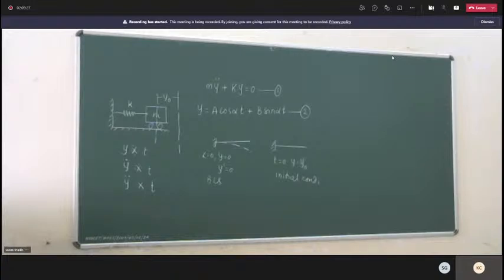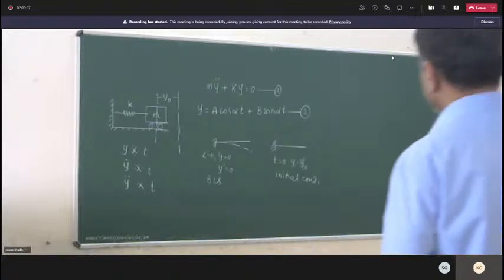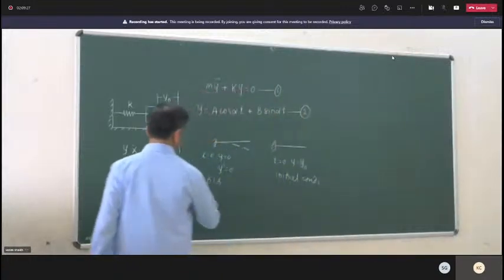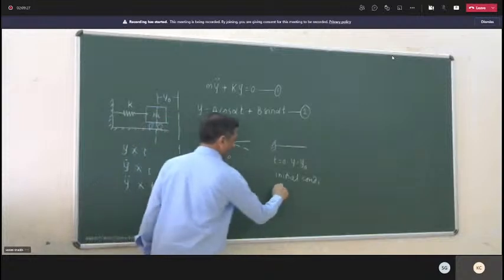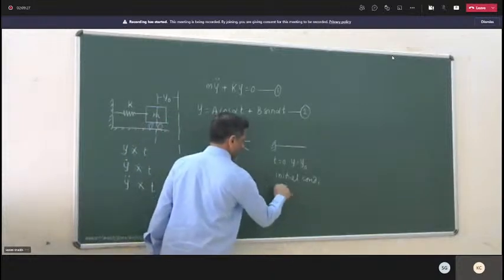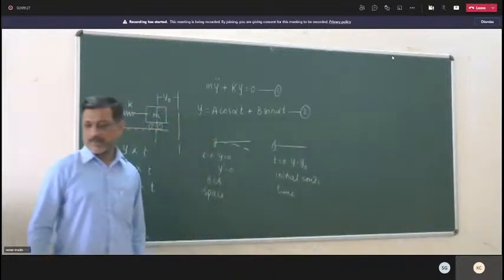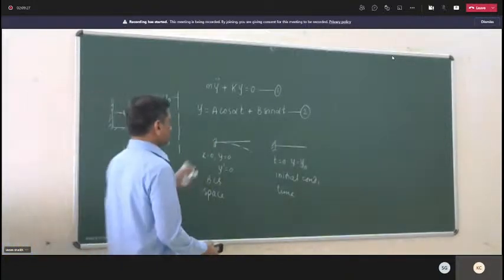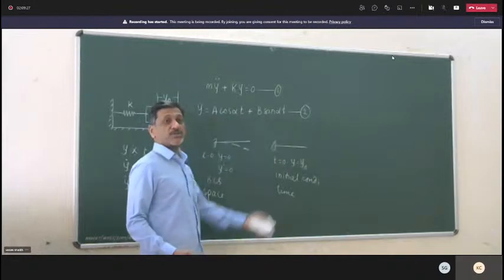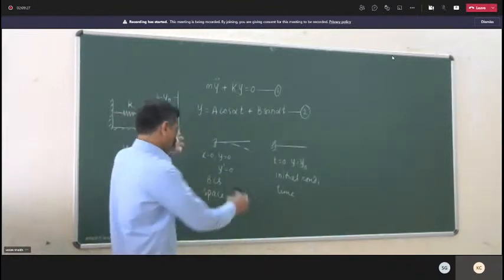Right? Okay. So these are space dependent. And these are time dependent. Okay? Okay. So A and B are the constants which depend on initial conditions.